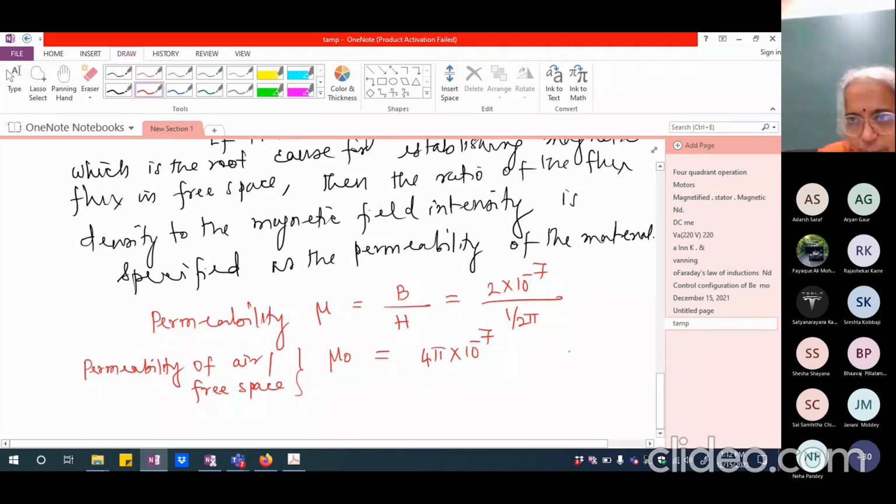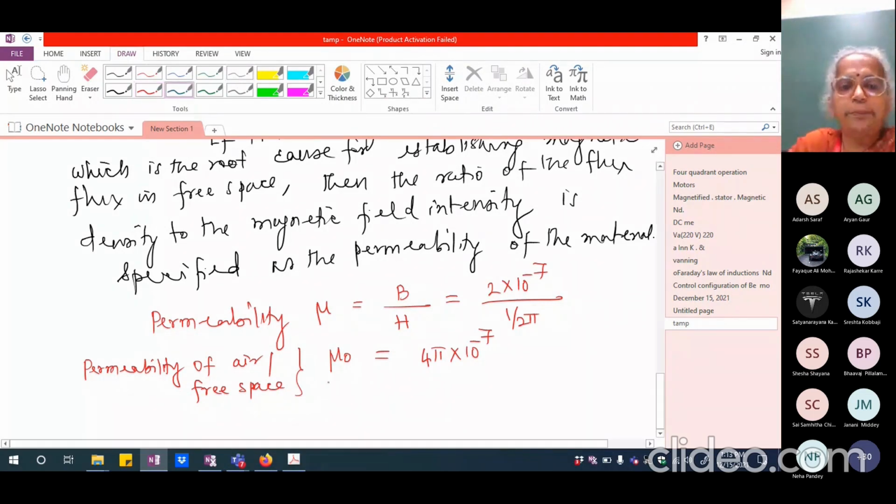The cause is your magnetic field intensity or MMF, and the MMF is going to cause that much amount of flux as much as the material is permissive, or whether it is going to allow. That is essentially going to decide how much magnetic flux is established.